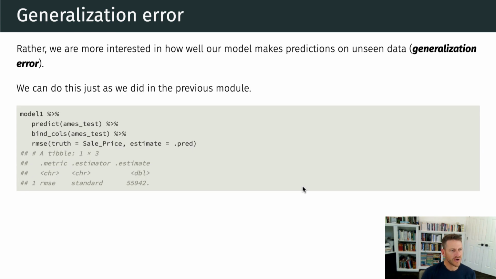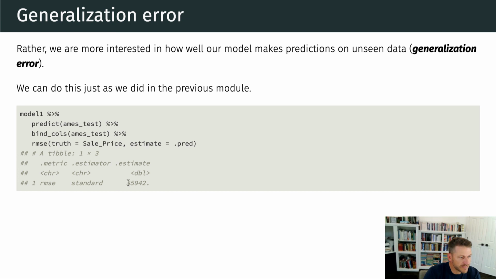We can compute this just like we did in the last module, where we take our model object and use that to make predictions on our test data. Then we bind our predicted values with the actual test data, and I use the RMSE function to compare the actual sale price to the predicted values. It will compute the RMSE.